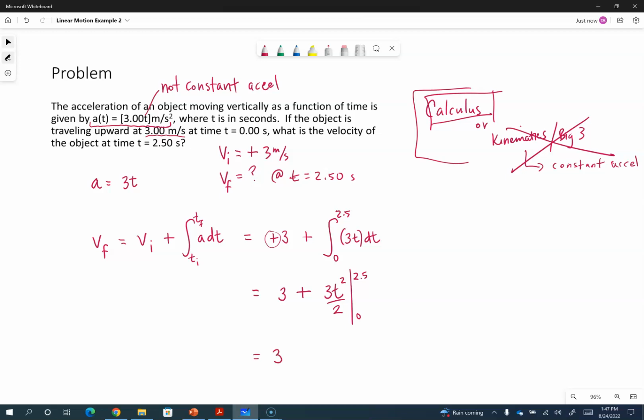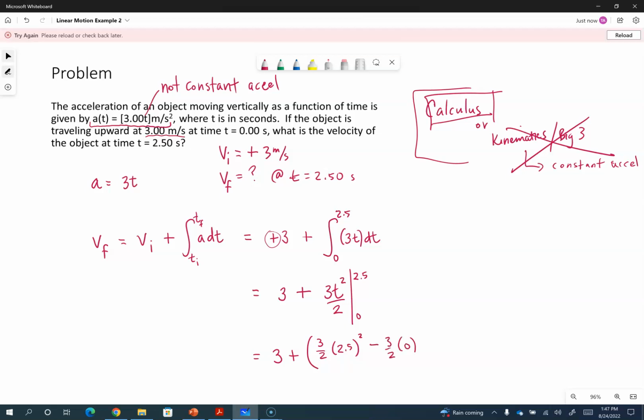So this becomes 3 plus 3/2 times 2.5 squared minus 3/2 times 0 squared, which of course if you recognize the 0 plugging in, you don't actually have to write that out. When we plug in 0, that term's going to disappear.